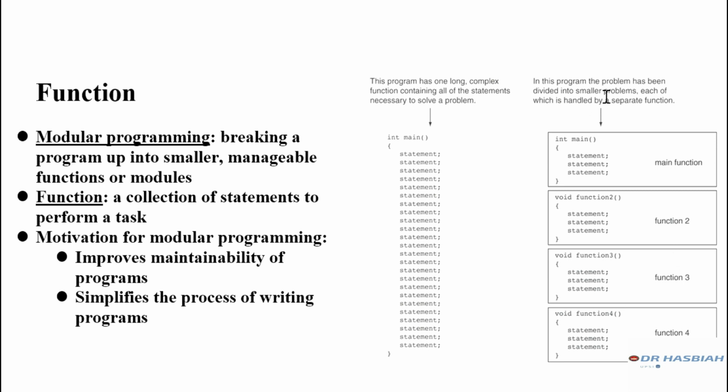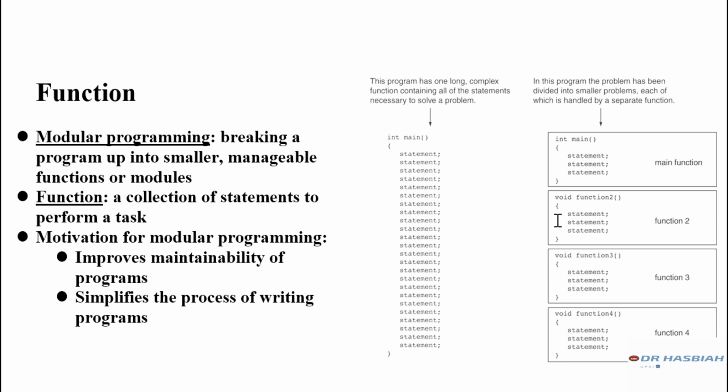In this program, the problem has been divided into small problems, each of which is handled by a separate function. So how do we differentiate between function 2, function 3, and function 4?